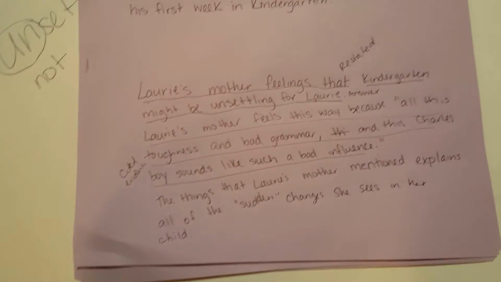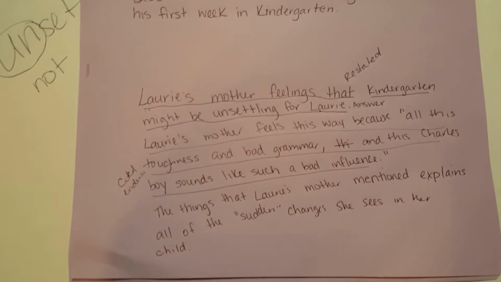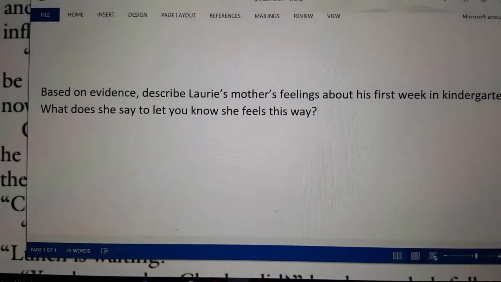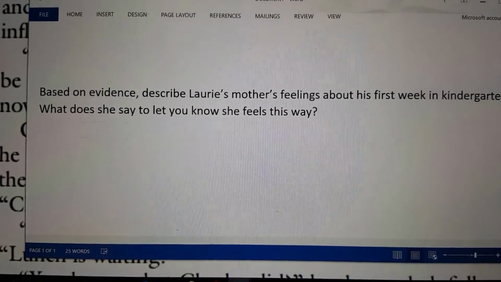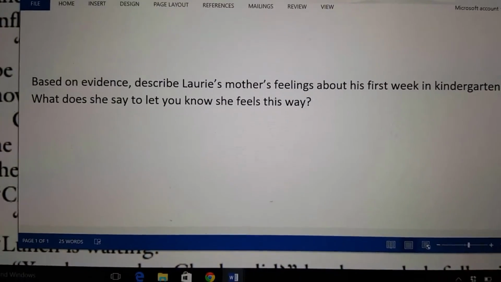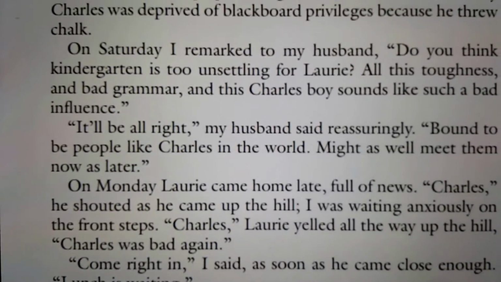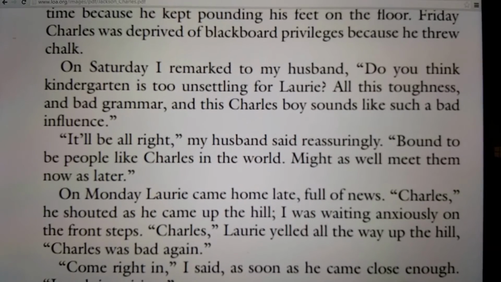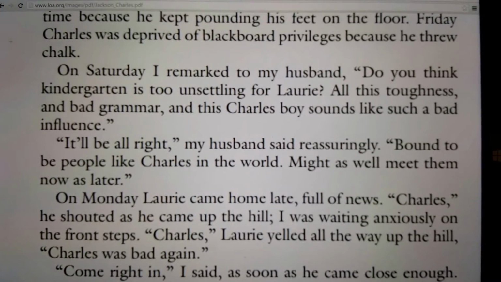Now that we've answered the first part, let's try to answer the second part. Okay. The second part of this question is another thing that we need to directly quote from the text. So let me show you what we need to do. It's asking you for a direct quote, exactly what she says.